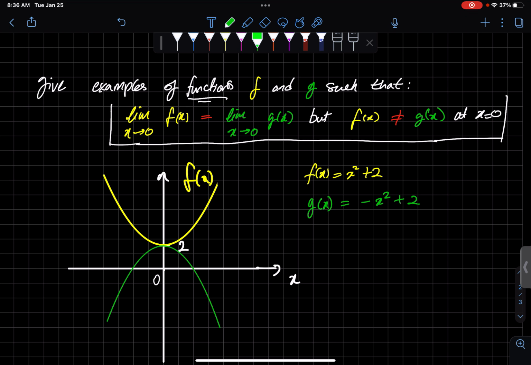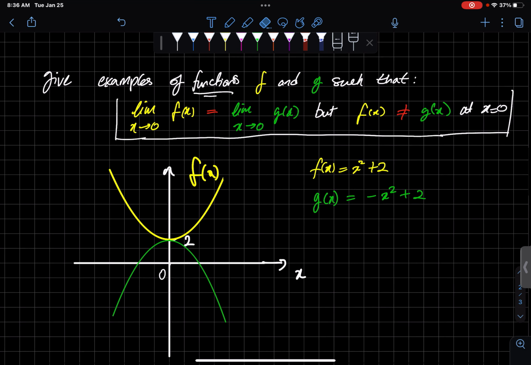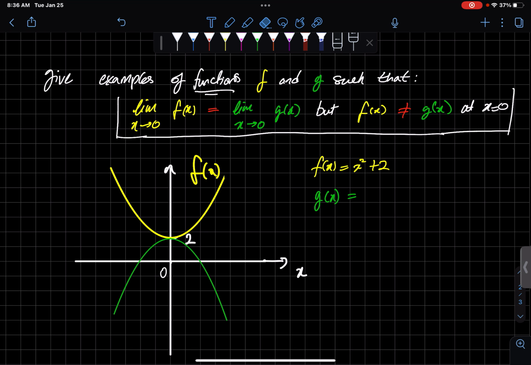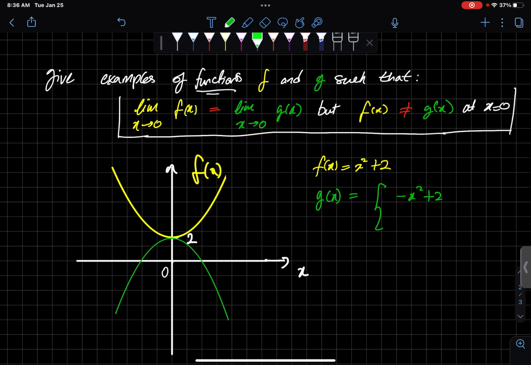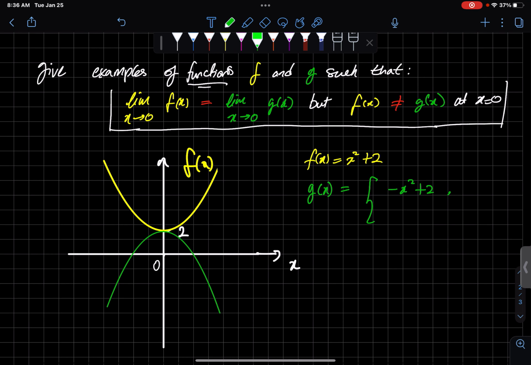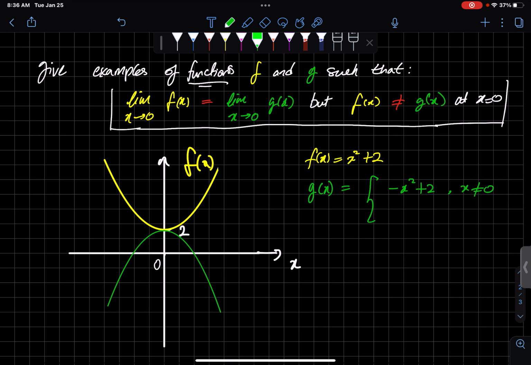We're going to define this g of x function piecewise. We can say minus x squared plus 2 for x not equal to 0, and then the function is 3 when x equals 0.